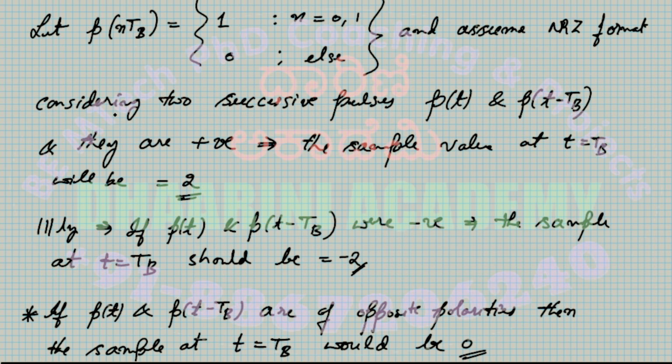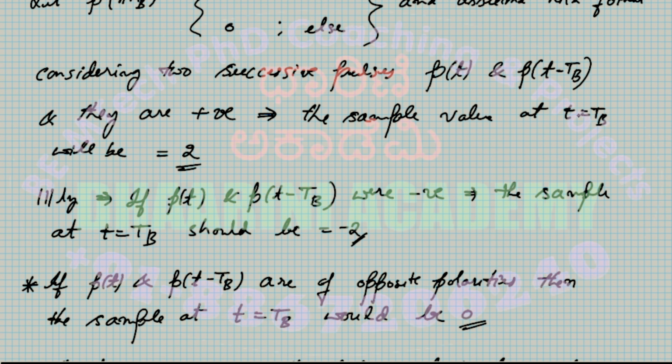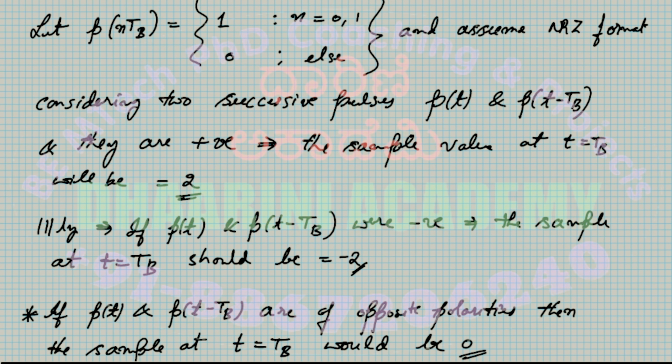Now, p(nTb) actually refers to two successive pulses, p(t) and p(t - Tb). Is it okay? All right. Now let us say both of them are positive. At the center, whenever you sample, you will have 2 as the answer, because 1 plus 1.